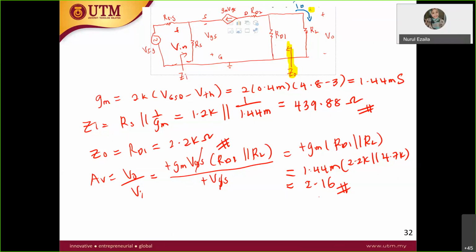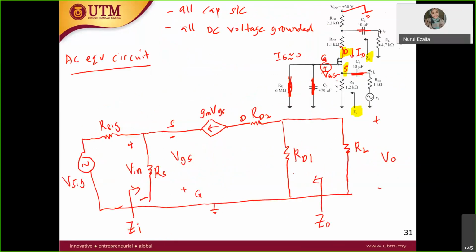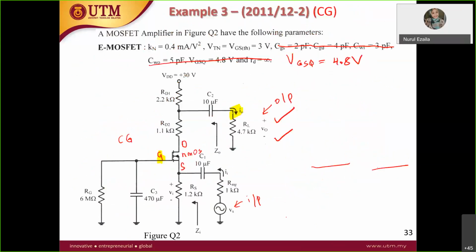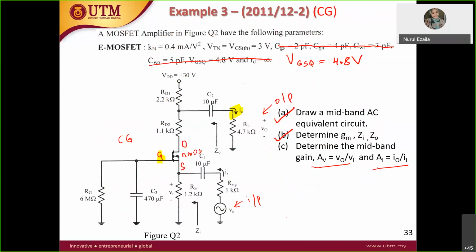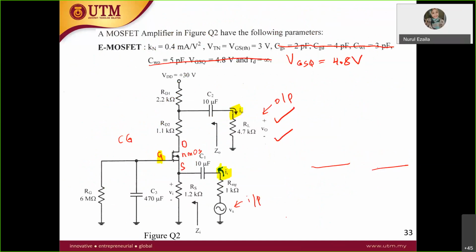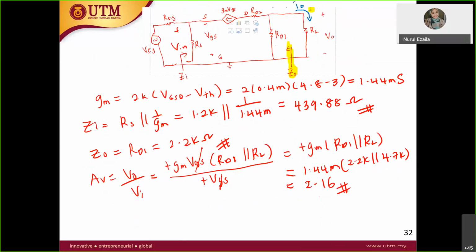And where is your I in? I in is over there, which is equal across the R signal. Let's just put the arrow, it will be easier for you. This is the arrow for I in.